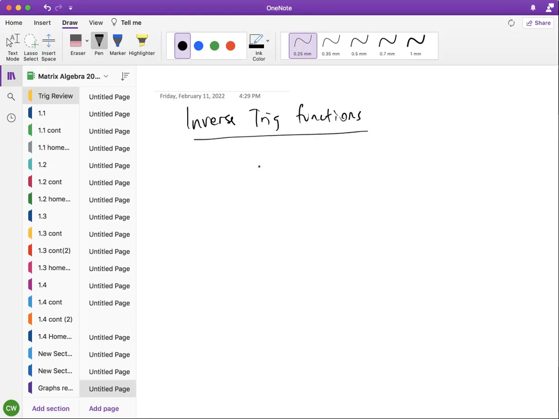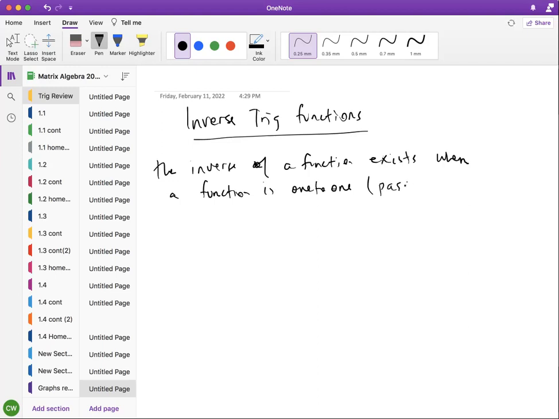So one thing, just recall that the inverse of a function in general exists when a function is 1-to-1. 1-to-1 means it passes the horizontal line test.